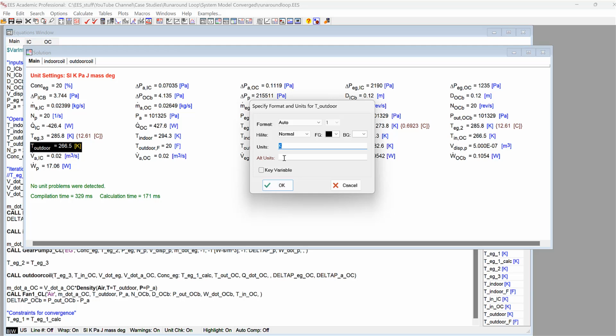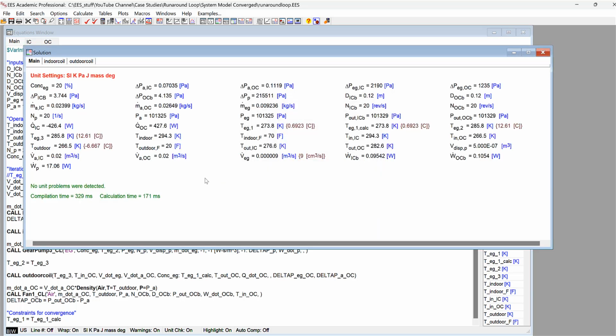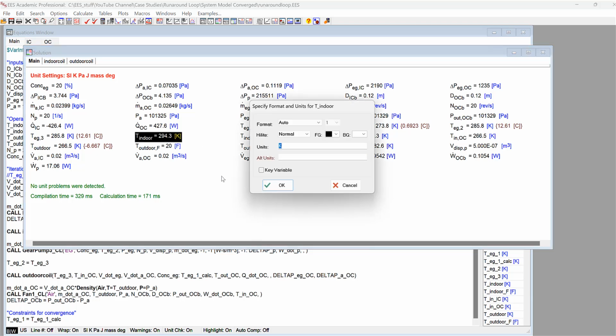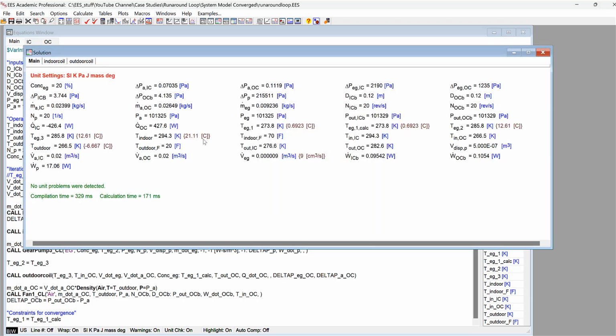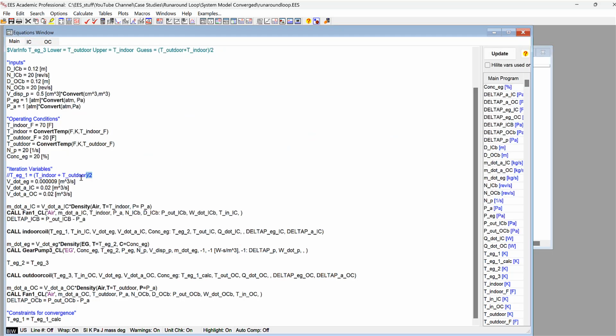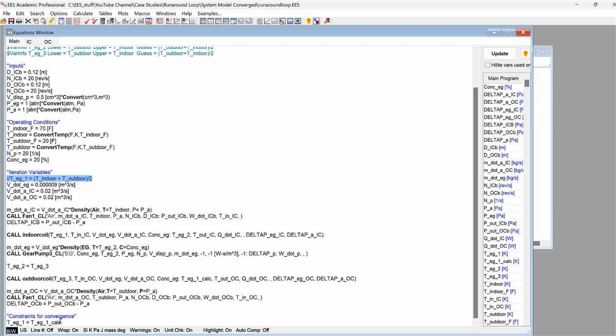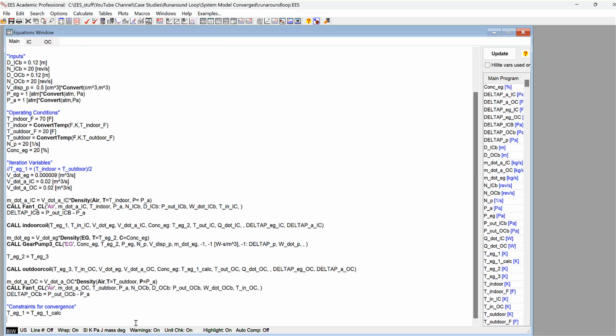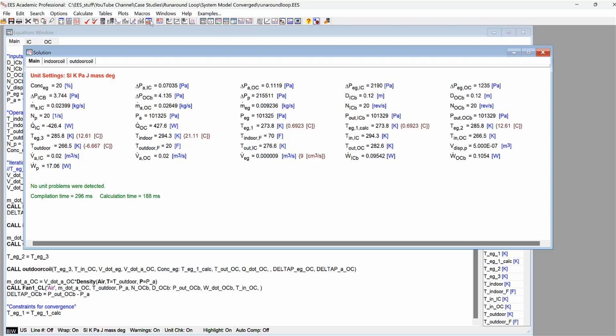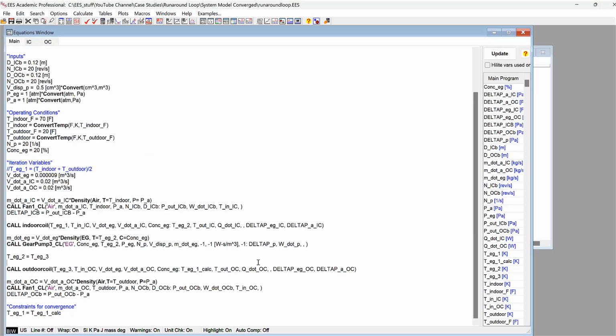We could come back and fix that if we want. And that makes sense given an outdoor air temperature of -6 and an indoor air temperature of 21 degrees Celsius. So my first iteration variable has been removed, and I have now satisfied this first constraint for convergence. So that's good. Probably, as long as I have a good set of variables here, I ought to update my guess values and move on to the next one.